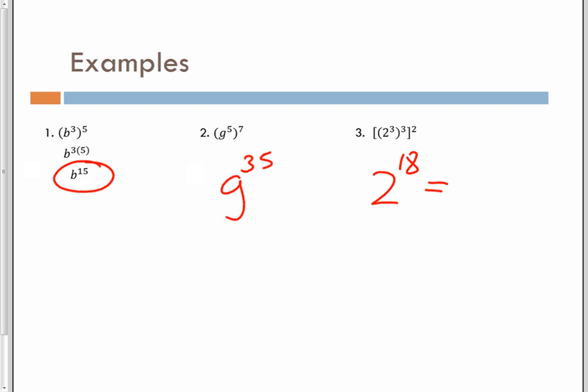What is 2 to the 18? A lot of numbers. Got this. 262,144. How do you say that? 262,000. Yeah. 262,144.